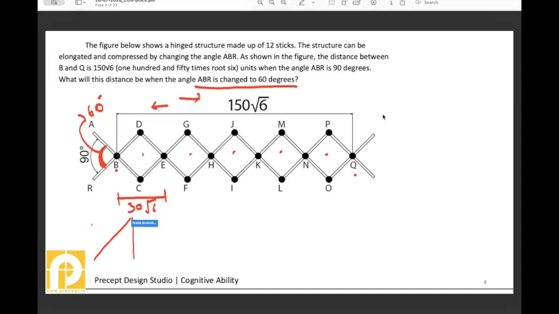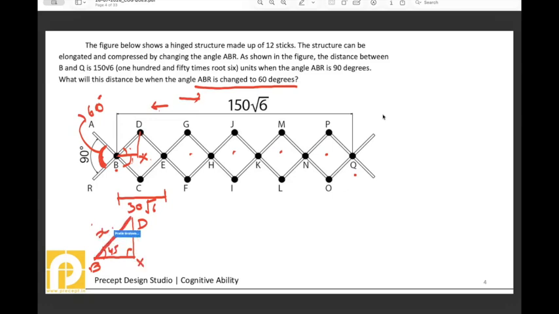If I make this triangle X, D, and B, this angle will be 45 degrees, which is half of 90 degrees. This total is 90, so this will be 45 and 45. This is a 90 degree angle. Now we have to find BD. That's why this is crucial.